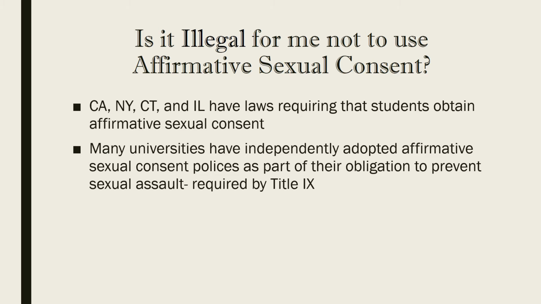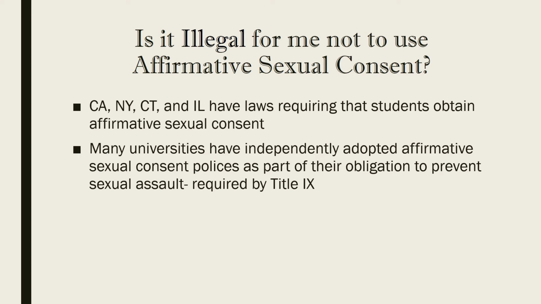This is because sexual assault has been labeled as a form of sex discrimination, and schools are required by law under Title IX to work to address and prevent instances of sex discrimination on campus.